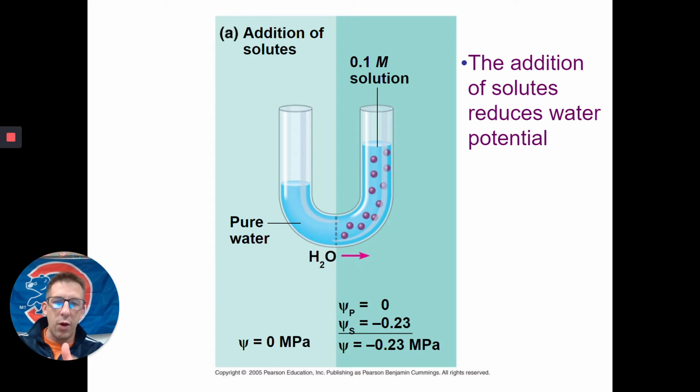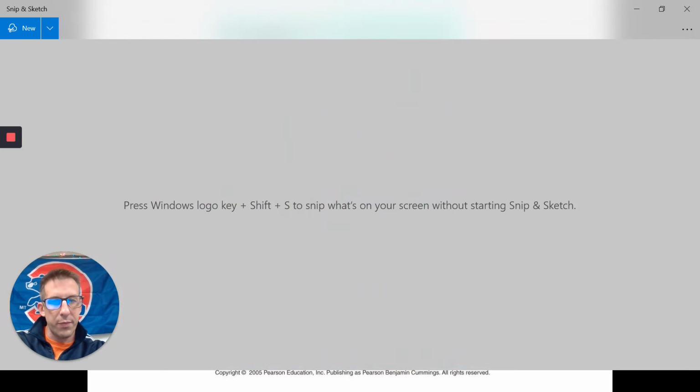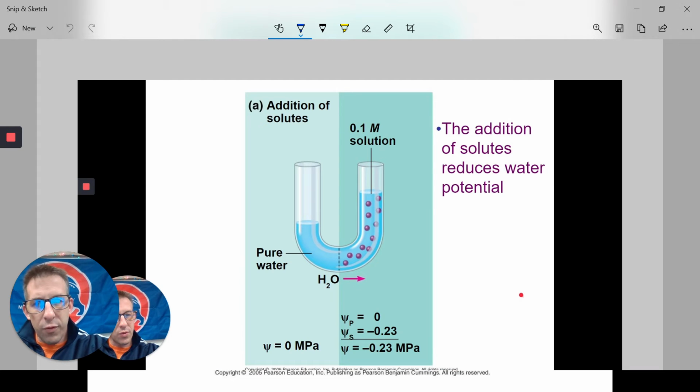Let's look at how they figured out the water potential for pure water. Okay, for pure water, let's take all of the stuff into account. I'm going to make a copy of this here. For pure water, we know that the water potential is 0. It says the water potential is 0, okay, at the bottom here.